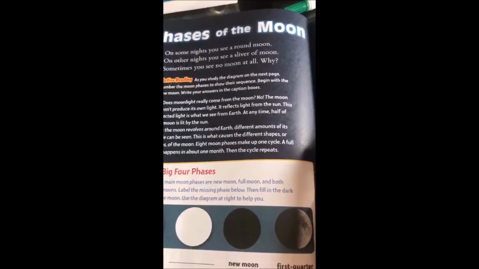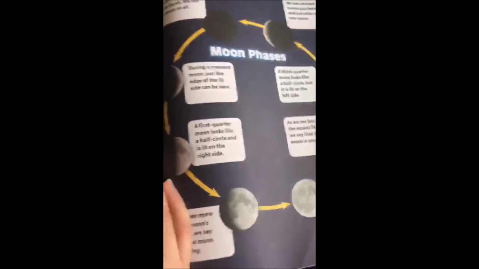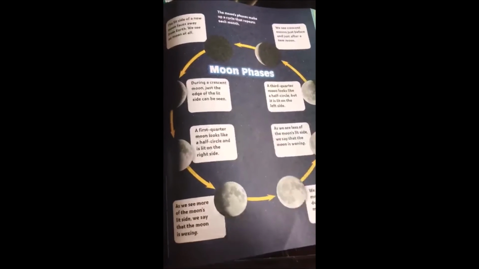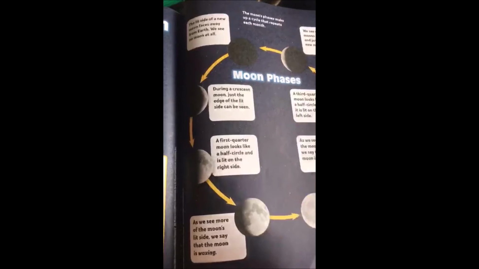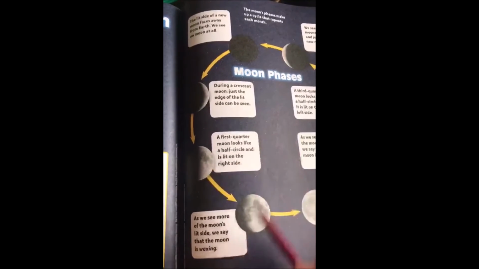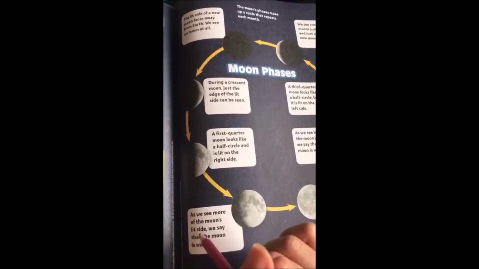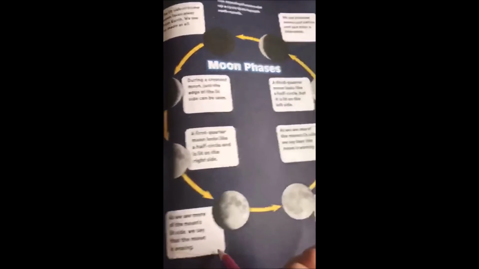So here, phases of the moon. Those ones we took before, but for now we're going to have more new phases that you should learn. So we used to have the first quarter moon look like this. We said half a circle and it's lit on the right side. Then here, as we see more of the moon lit, we say that the moon is waxing.